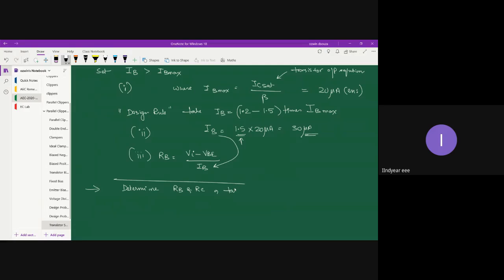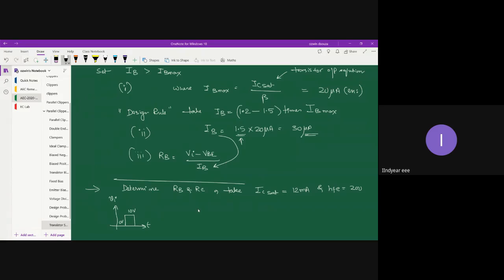Take IC saturation equal to 12 milliamperes, and HFE equal to 200. The input signal is given something like this: 10 volt, this is 0 volt. This is your input signal.